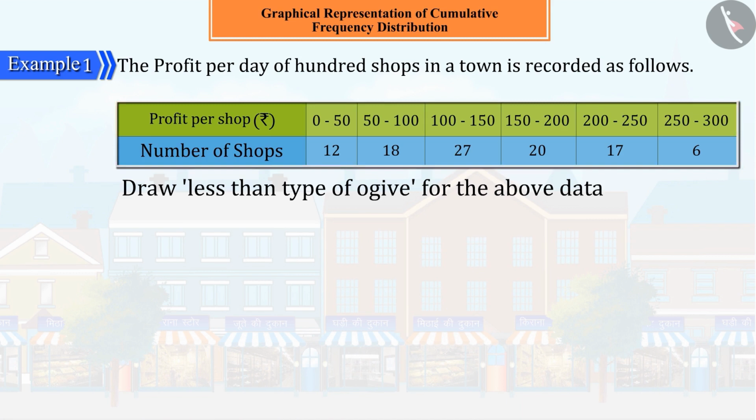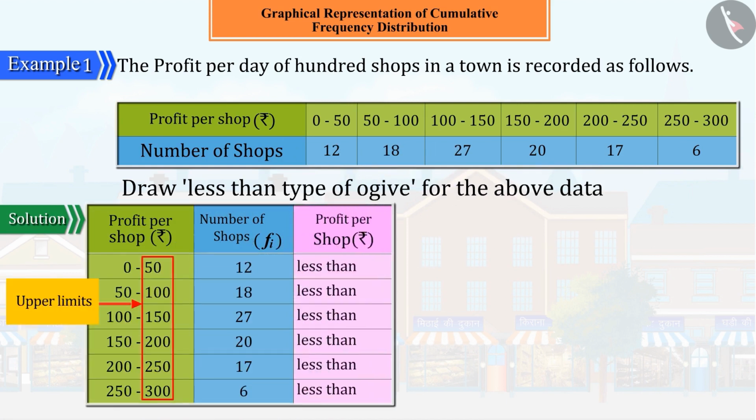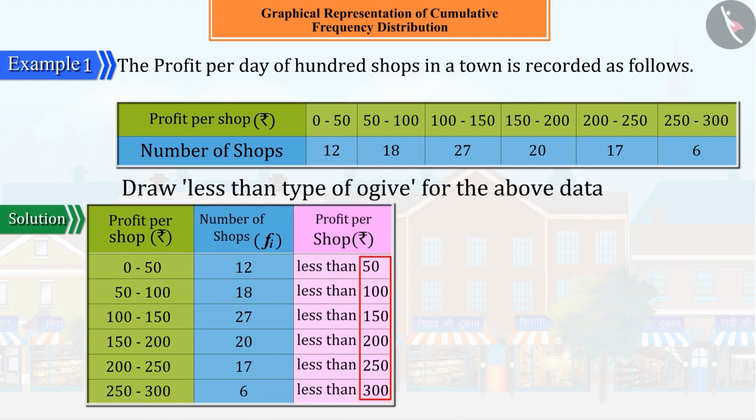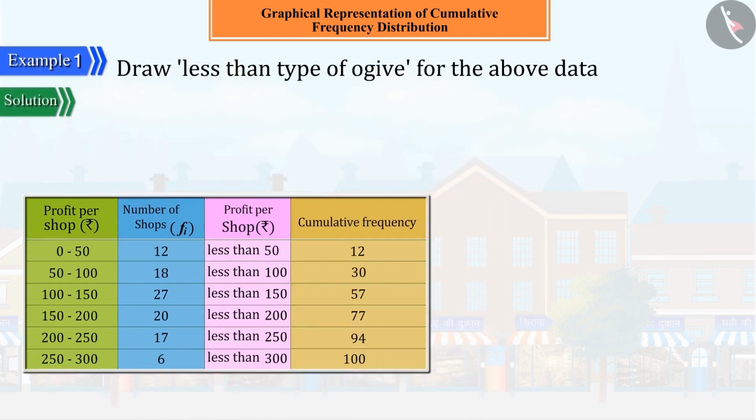Let's see. We know that to get the OGIV in the given distribution, we need to create the cumulative frequency distribution for less than type of OGIV. Here you can see that 50, 100, 150, 200, 250 and 300 are the upper limits of the corresponding class intervals.